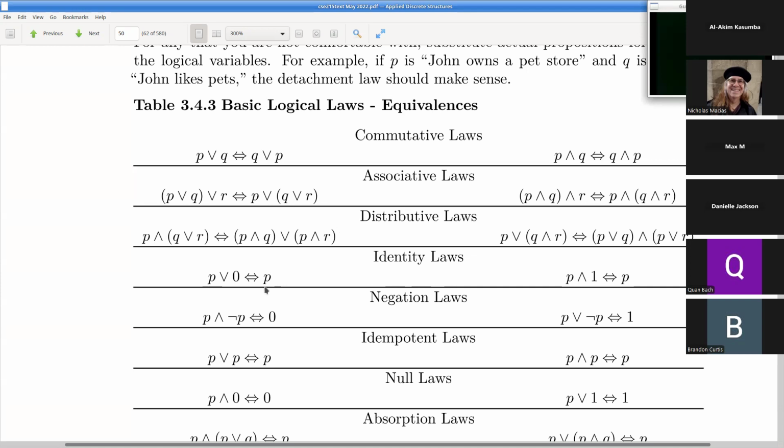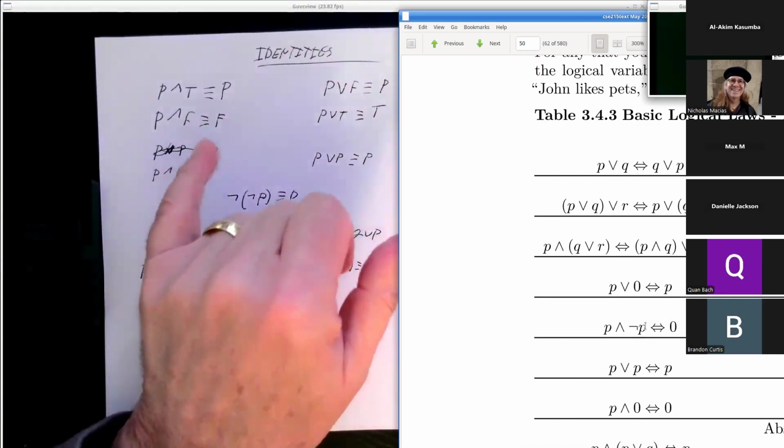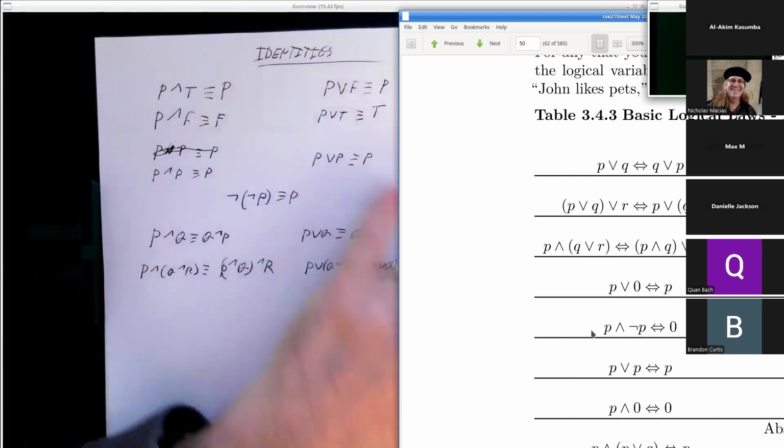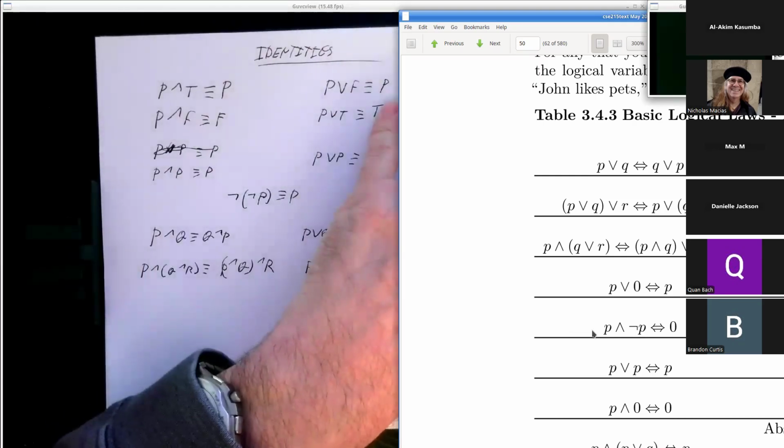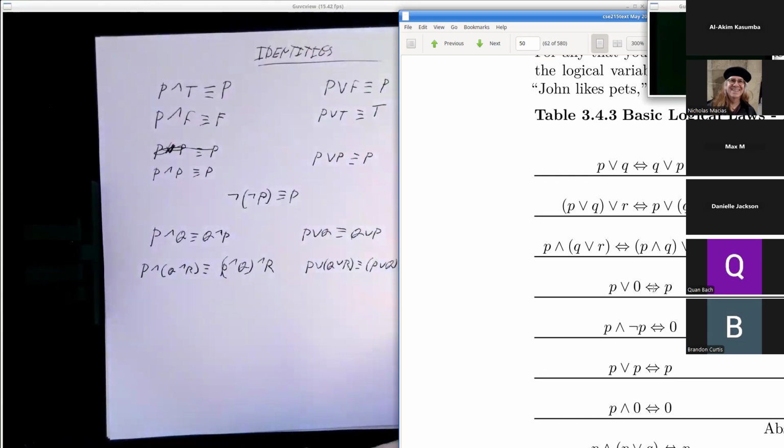So the textbook uses 0 for false and 1 for true, conveniently sometimes. So I wrote P or false is equivalent to P. The book writes P or 0 is equivalent to P. They also use this double arrow, right?